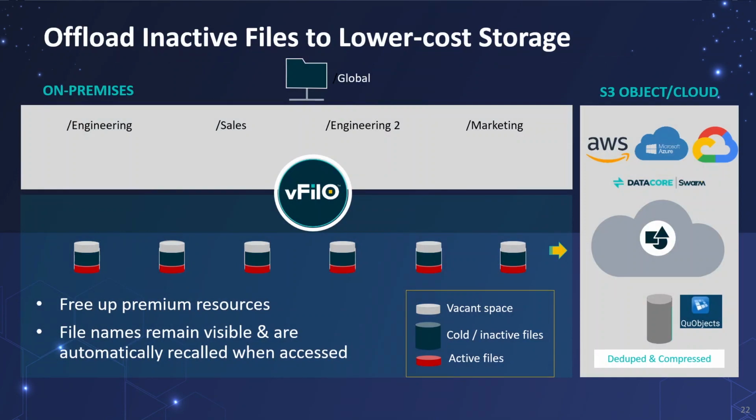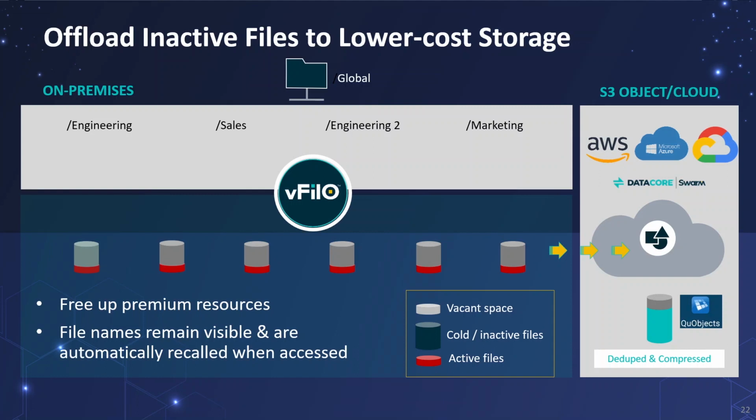So by establishing this flexible file-level virtualized layer, you can offload your inactive files to lower-cost storage, like object storage, that can help you free up the premier resources, like QNAP object or the cloud. Every file that moves to the object store will be automatically deduped and compressed, so that can lower the cost and the space.